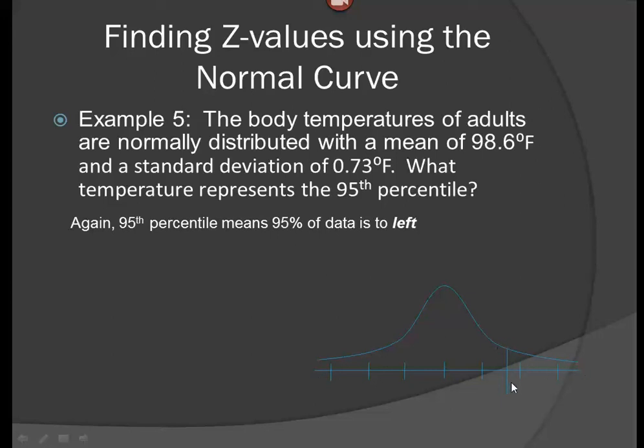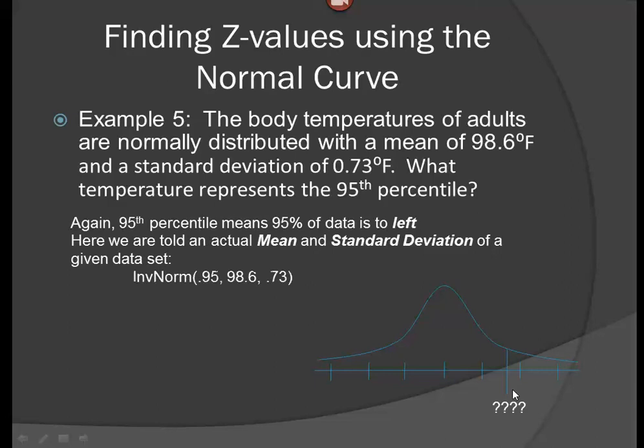So we're on the right-hand side of 98.6. In this problem, we're actually told what the mean and the standard deviation is of our data set. So 0.95 is the area to its left, 98.6 is the mean, and 0.73 is my standard deviation.